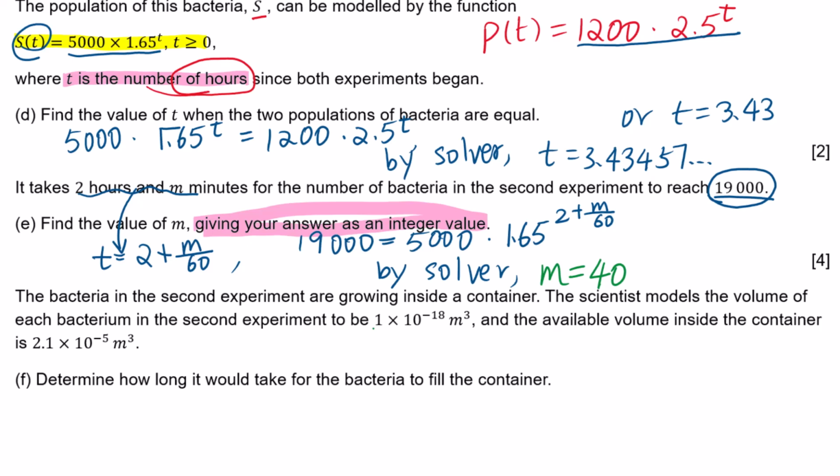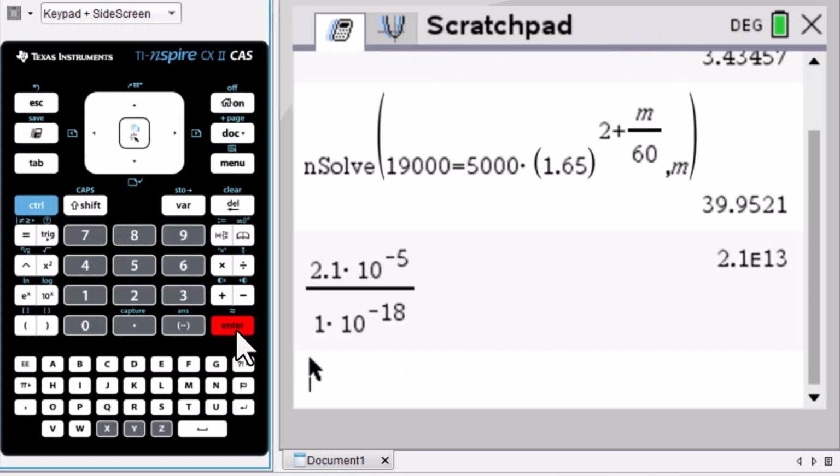First of all, we need to figure out how many bacteria can fill this container. We will use 2.1 times 10 to the negative 5th power divided by 1 times 10 to the negative 18 power to get this population. Enter.